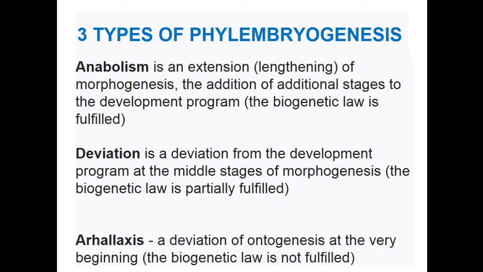Anabolia is an extension of morphogenesis, the addition of additional stages to the development program; the biogenetic law is fulfilled. Deviation is a deviation from the development program in the middle stages of morphogenesis; the biogenetic law is partially fulfilled.